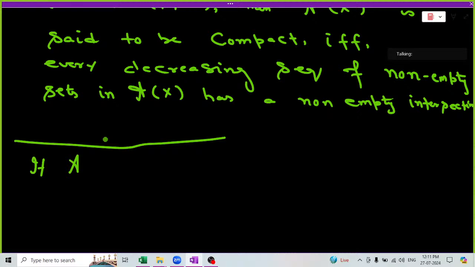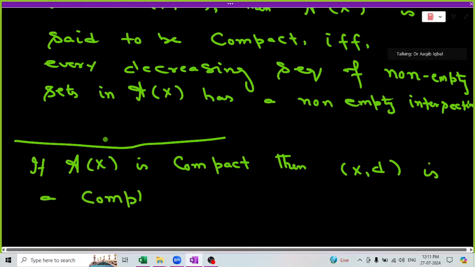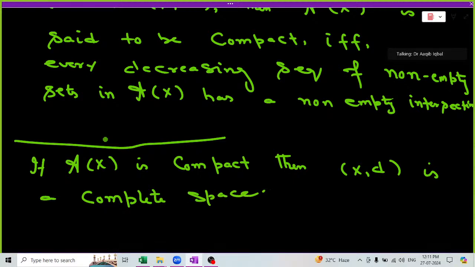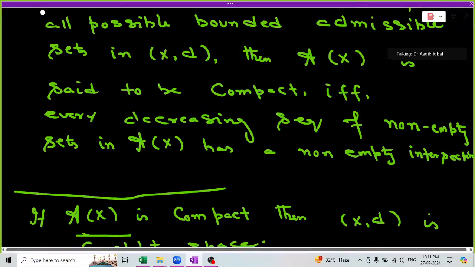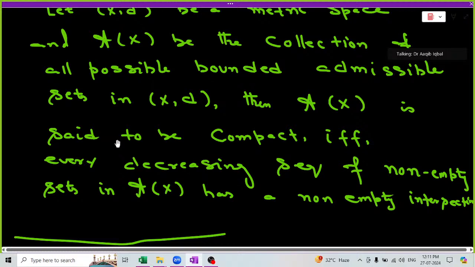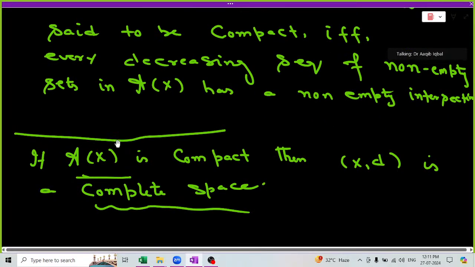If AX is compact, then (X, d) is a complete space. ठीक है, ये वाली टर्मिनोलॉजी में हम completeness को ऐसे कैप्चर कर सकते हैं. You require compactness of AX, where by compactness we mean this: every decreasing sequence of non-empty sets in AX must have a non-empty intersection. अगर ऐसा है, we say AX is compact, and this means by the theorem, it means (X, d) is complete.